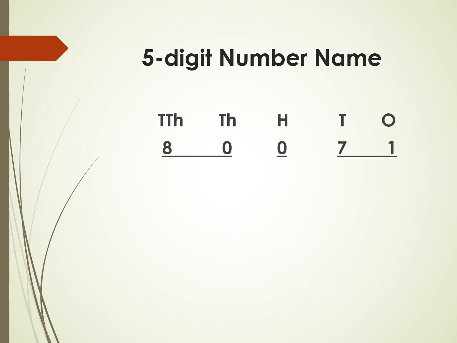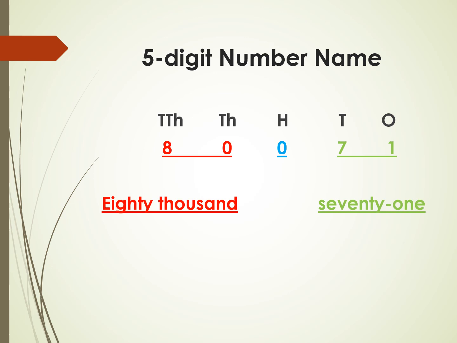Just like we did in the case of a 4-digit number, we take an example with 0 in the hundreds column. The number will be named the same as we did earlier. The 10,000 and the 1000 digits will be named collectively 80,000.